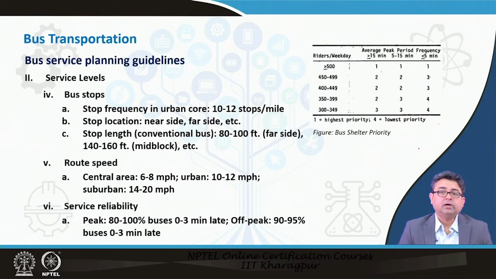That gives you a very good service reliability, whereas during off peak a little bit more buses can be late, because it is an off peak time. Again, please remember, these are guidelines which you may change according to the needs of your city.